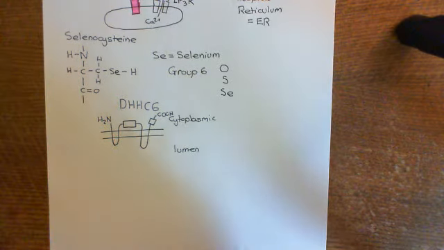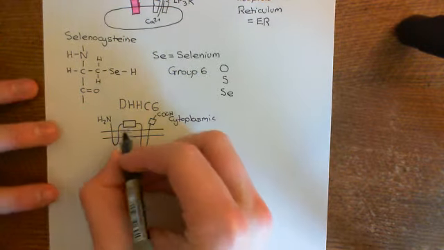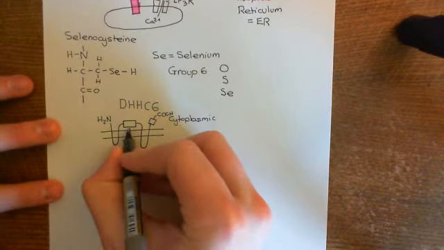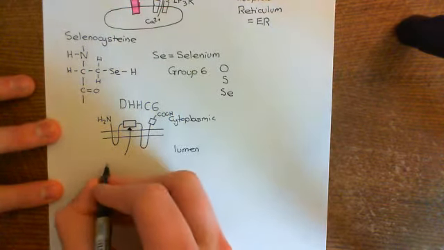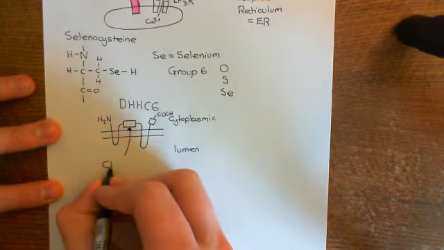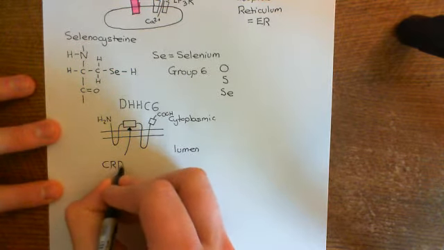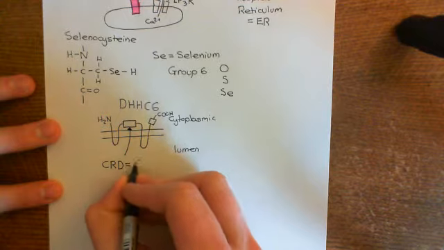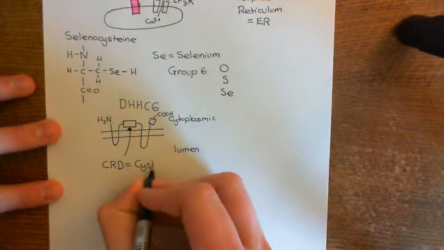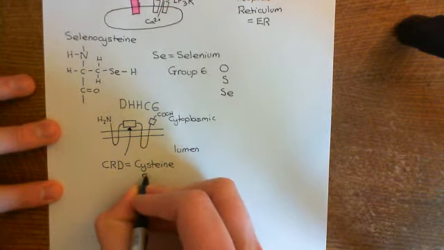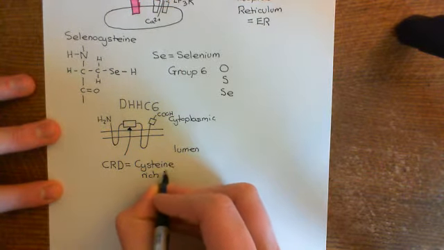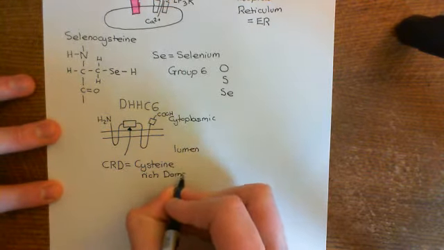Right, so what are these two extremely important domains? So this one here, between the second and third membrane-spanning alpha helices, this is what is known as the CRD for short. And in full, the CRD stands for the cysteine-rich domain. Okay, so this is a stretch of the polypeptide which is rich in cysteine residues.